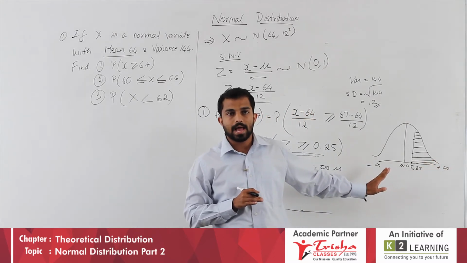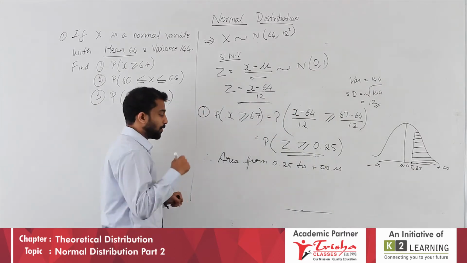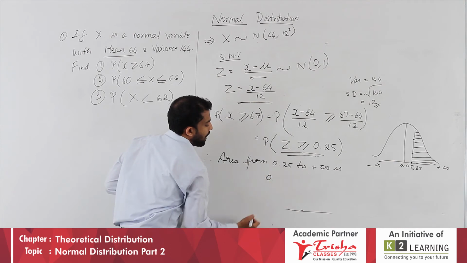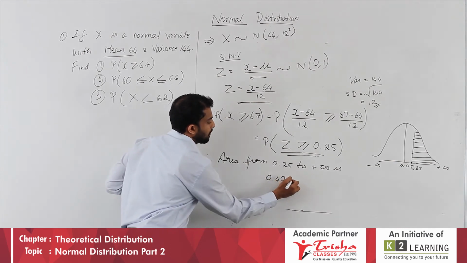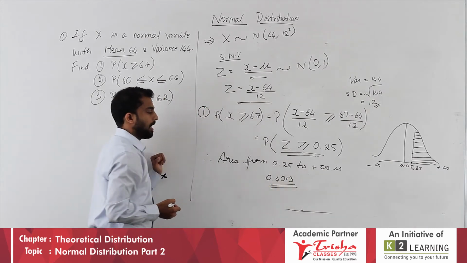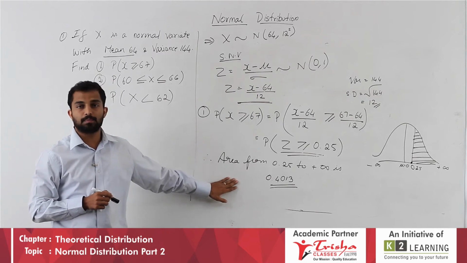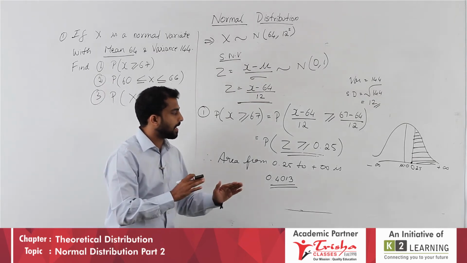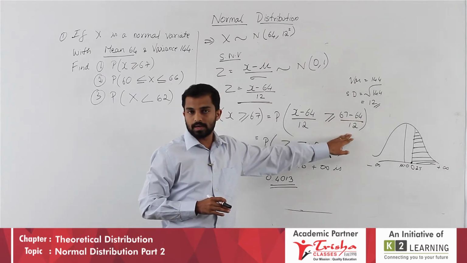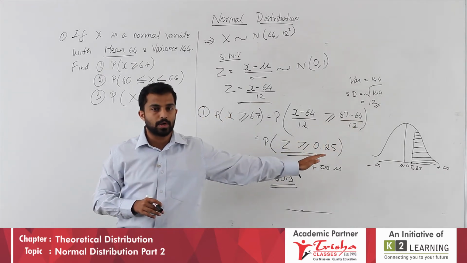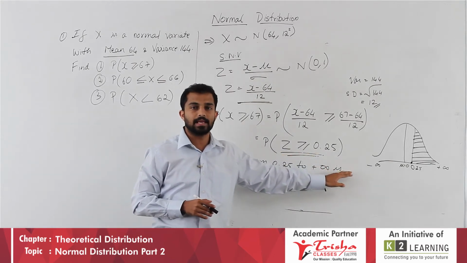Quickly, I assume you have got it by now. So you should get the value to be 0.4013. And this is the answer for the first part, that is greater than, we had greater than 67 minus 64 divided by 12, greater than 0.25, and for greater than 0.25, this is how we find the area, and this is the answer.